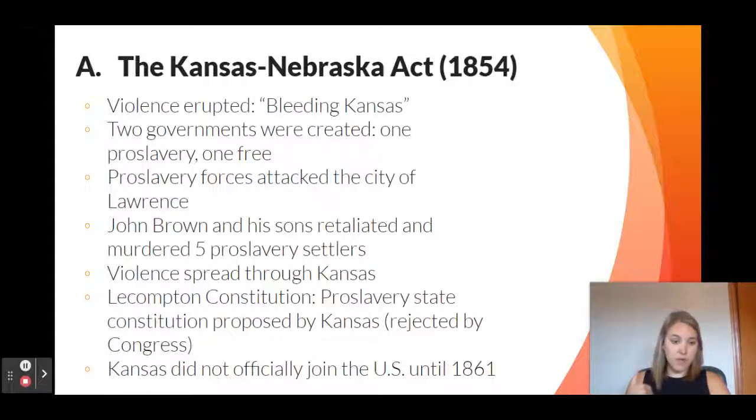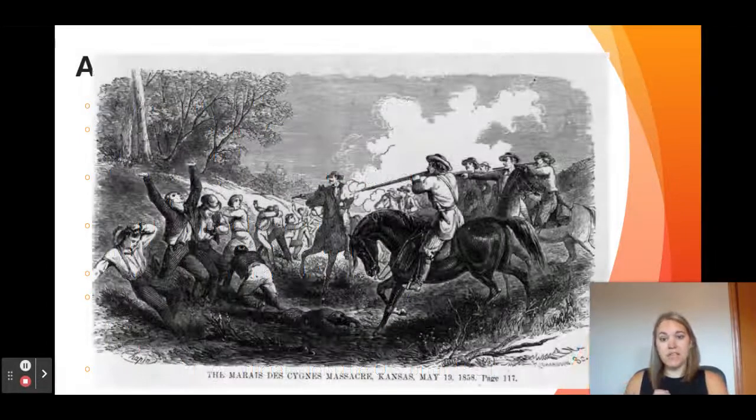We see the proposal from the pro-slavery government to be admitted into the Union as a pro-slavery state, and that will be rejected. And so we essentially have two governments running Kansas until 1861, and that's why this is sometimes known as a civil war. Here is a pretty popular image demonstrating the Bleeding Kansas that took place.